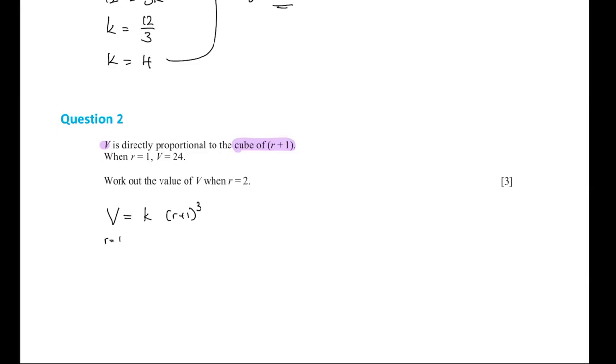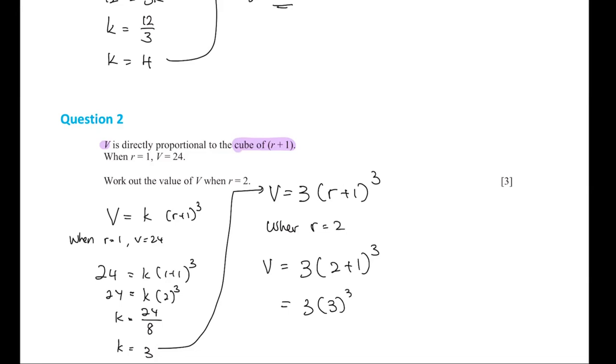When R is equal to 1, V is equal to 24. 24 is equal to K times 1 plus 1 cubed, K times 2 cubed. K equals 24 divided by 8. K is equal to 3 because 2 cubed is 8.